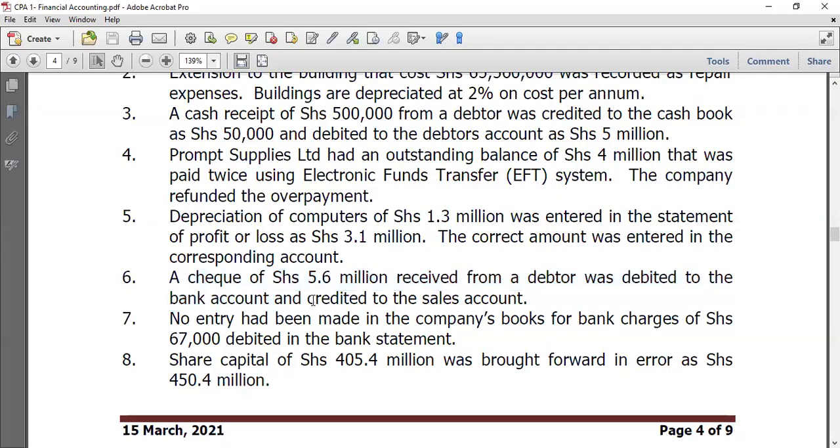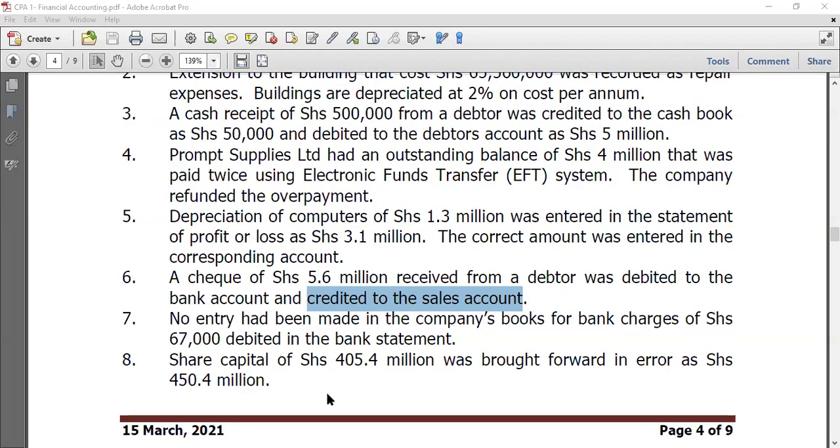But crediting it to the sales account was wrong because the sales account had already been credited at the point of sale, before we even reach the point of receiving money. So what I'll basically do is remove this transaction from the sales account by debiting my sales account, and I'll credit my debtors account. So it's an error of principle, just like Betty has passed that.